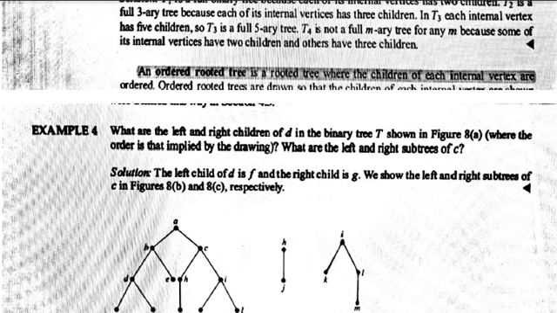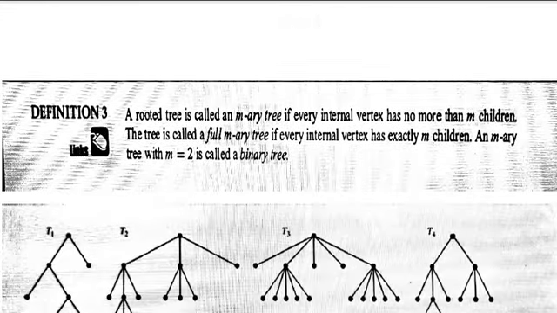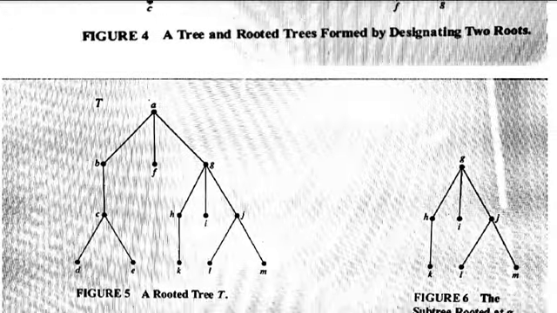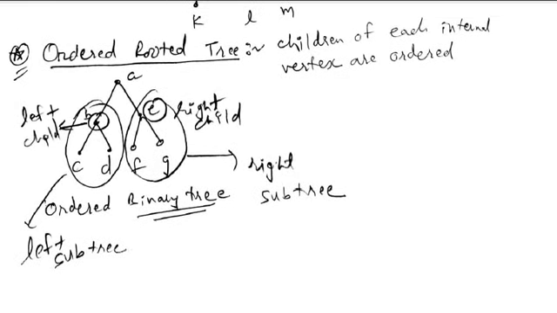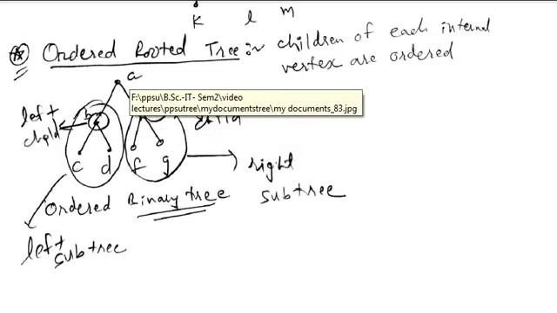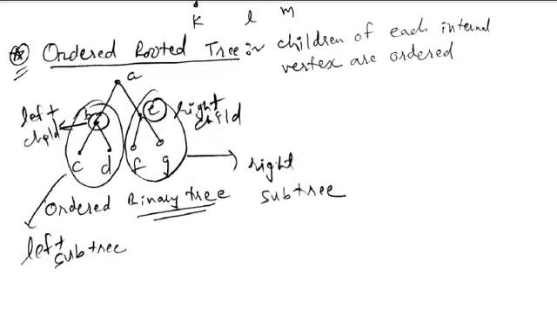Let us see an example. For this rooted tree, root A has two branches and each internal vertex has two branches, so this is a full binary tree.